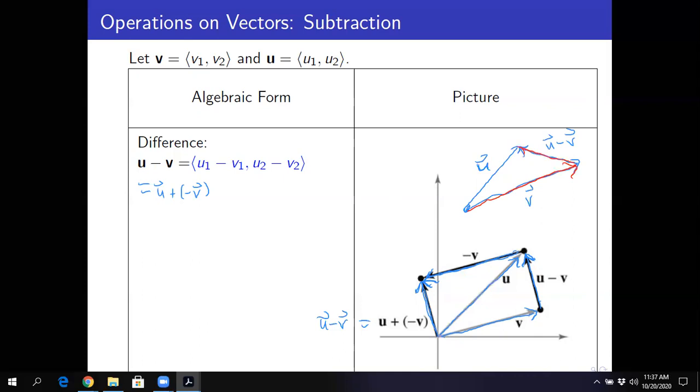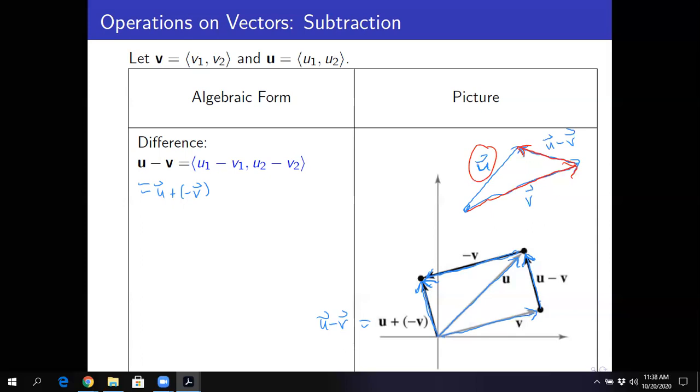What cancels? V does, and you just end up with u. So with u minus v, you put the arrowhead on u, and you put the initial point on v's terminal point. And there you have u minus v.